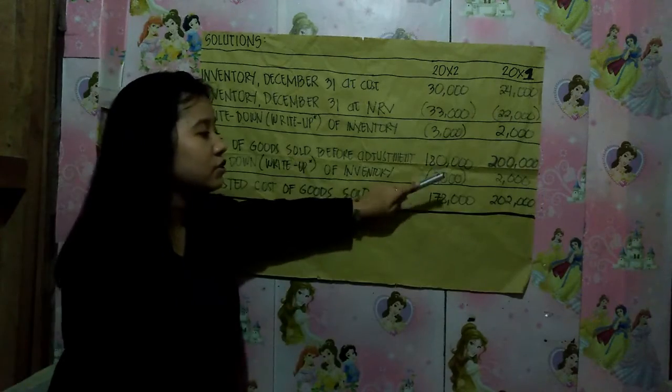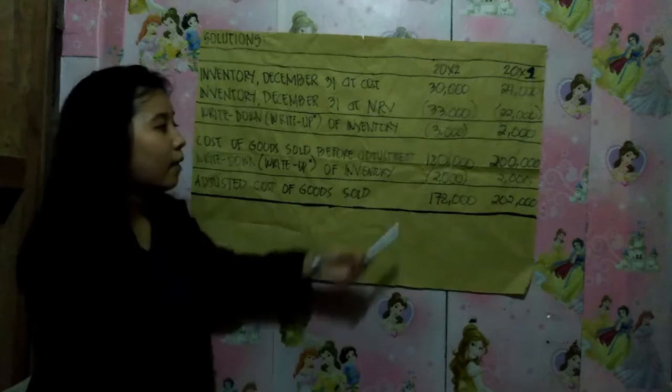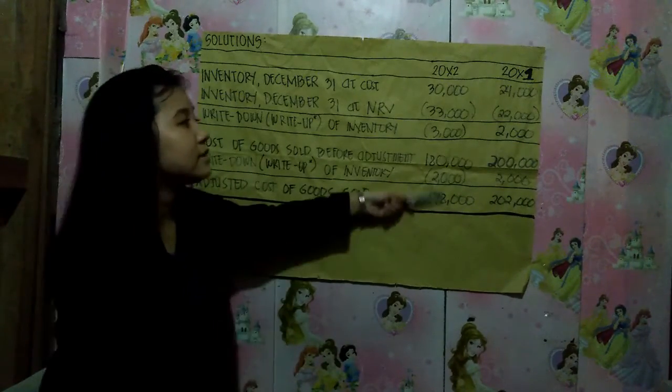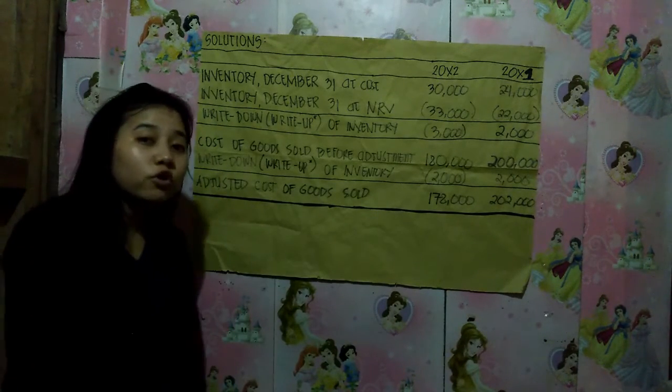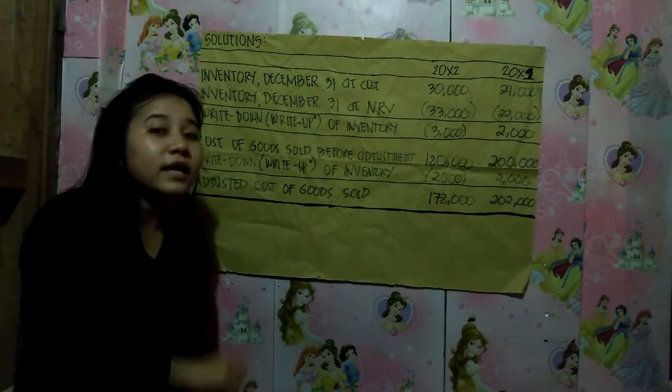So, the adjusted cost of goods sold is 177,000 in 20x2.